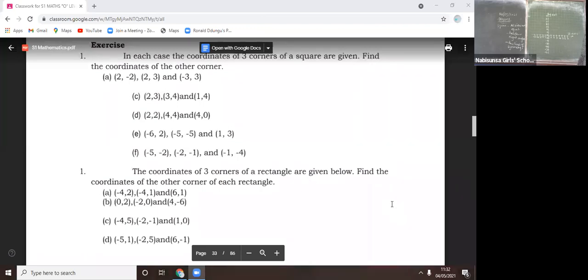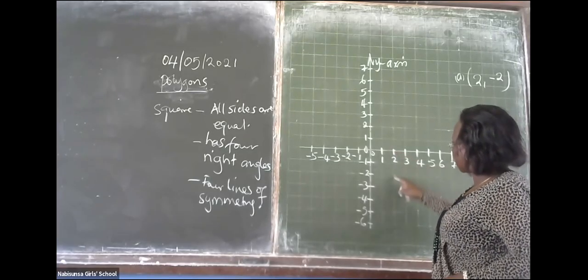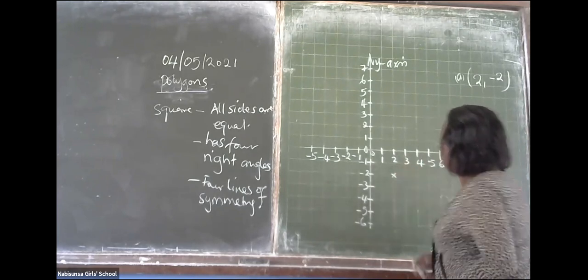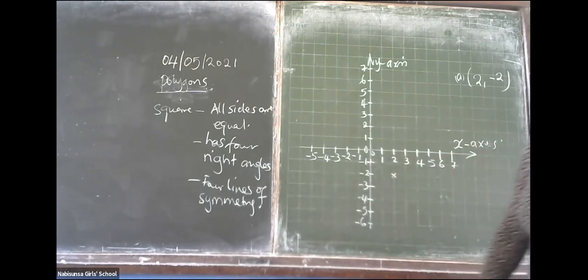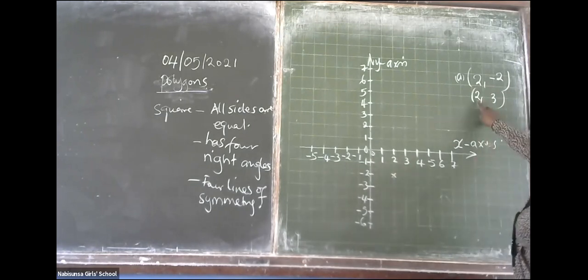Now we can plot. The first point is 2, -2. 2 on the X-axis, -2 on the Y-axis. So we plot the first point. Then the second point is 2, 3. 2 is on the X-axis.